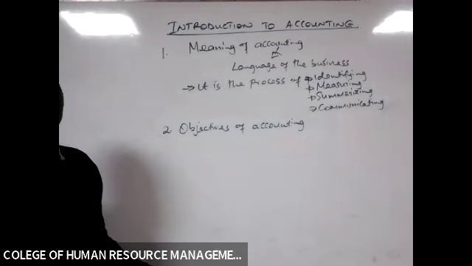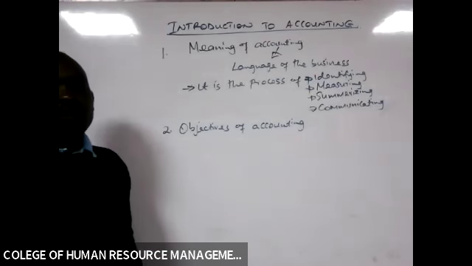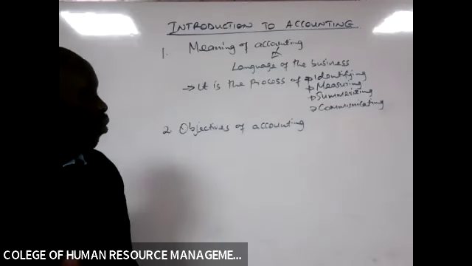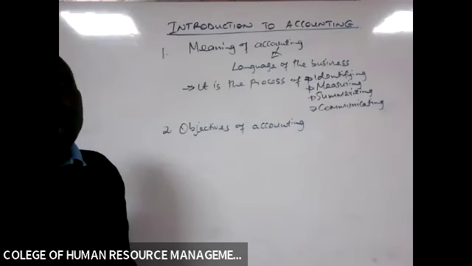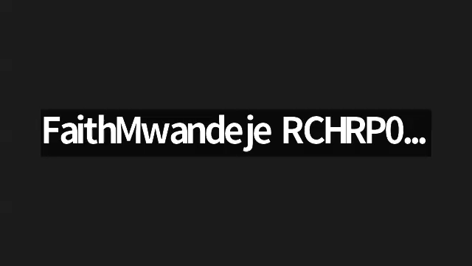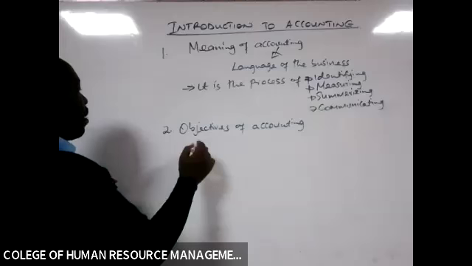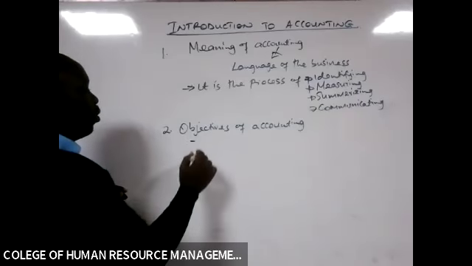Why should we have accounting in our business organizations? What role does it serve? What importance does it serve to business organizations and also to those people who are going to use that information? The objectives of accounting are actually 5 of them.